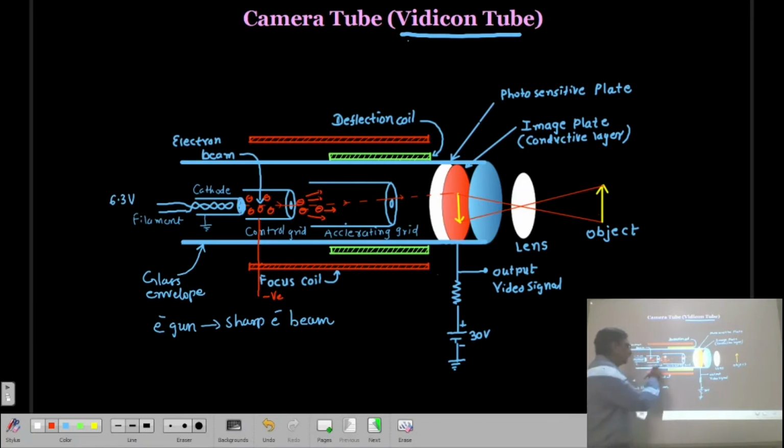Some of the electrons will move in a straight direction, some in this direction, some in that direction. So we have to focus the electrons. And for the focusing of the electrons, we have a focus coil that you can see here.